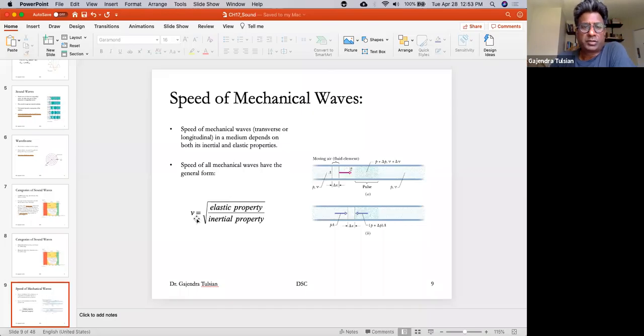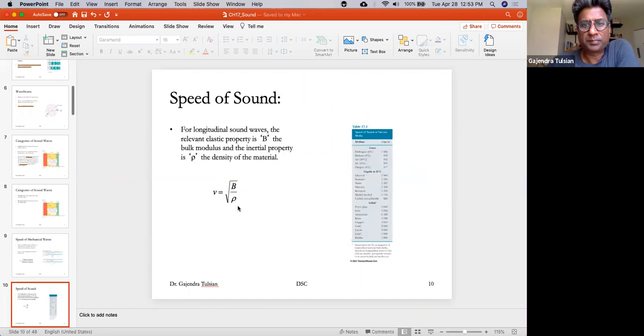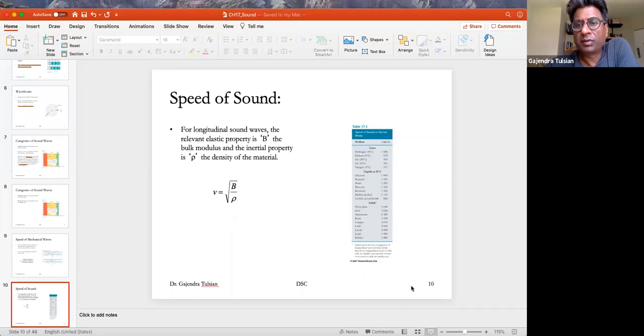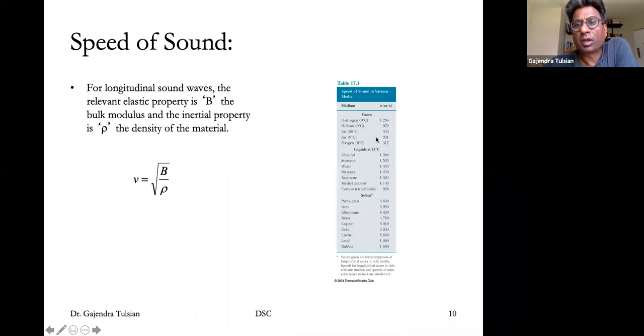All right, so the velocity of a wave depends on the elastic property divided by the inertial property. So for sound in fluids, for longitudinal waves, it's the bulk modulus divided by the density of the medium. And here is a table listing velocities. In air, the speed of sound is 340 meters per second.